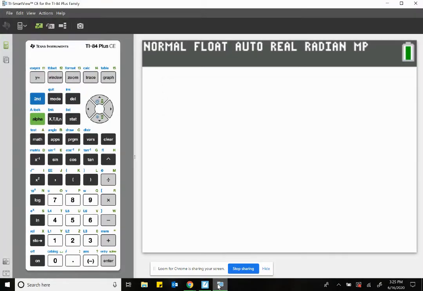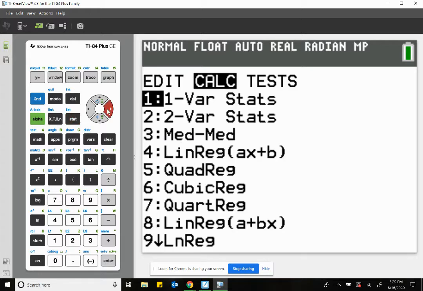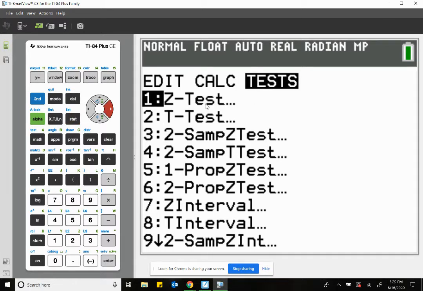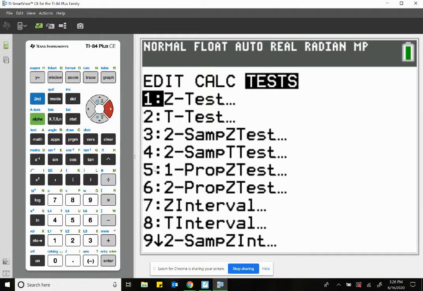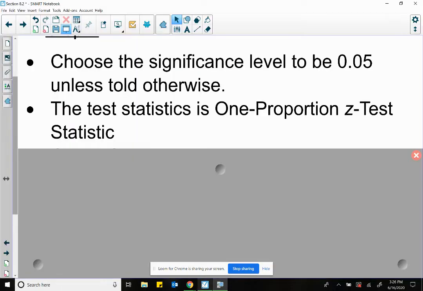On the TI-84 calculator, you'll go Stats, Tests, and you're going to do number 5, 1 proportion Z test. Number 5 is the one that we want to run. Scroll all the way over to tests, number 5.